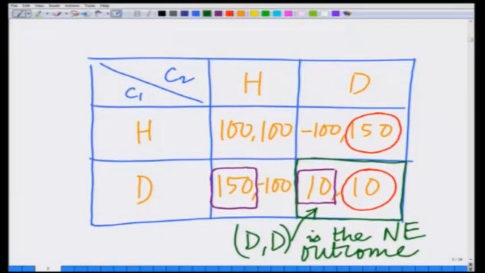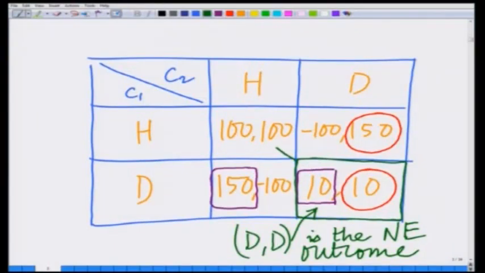So, D comma D is the Nash equilibrium, and this is yet another game similar to the prisoner's dilemma, because there is one Nash equilibrium, and the Nash equilibrium outcome, as we discussed in the last example, is not a Pareto optimal outcome.